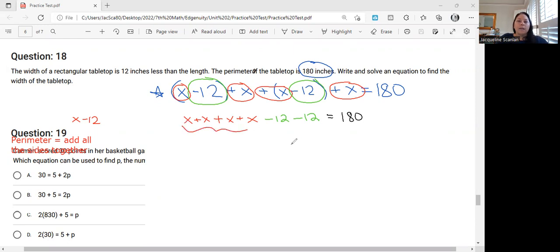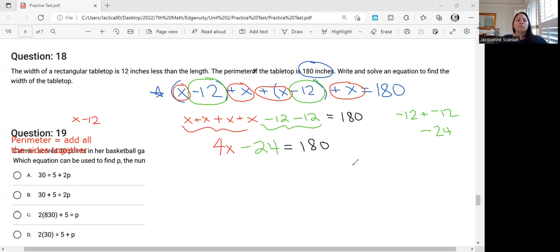If I add my x's together, I have 4 x's. And if I combine my minus 12 and minus 12, I could put that into Desmos, or I could rewrite it as addition, minus 12 plus minus 12, and that gives me minus 24. So I have 4x minus 24, and that equals 180.